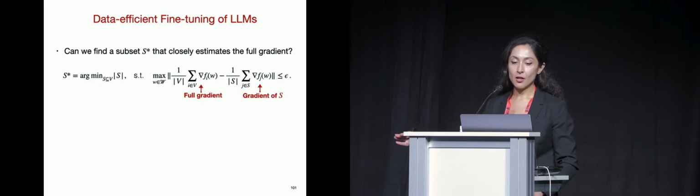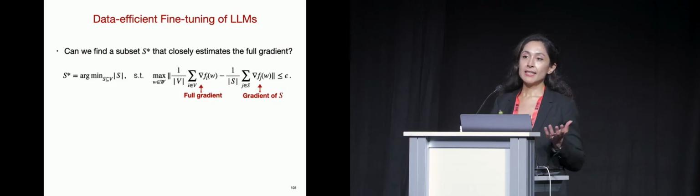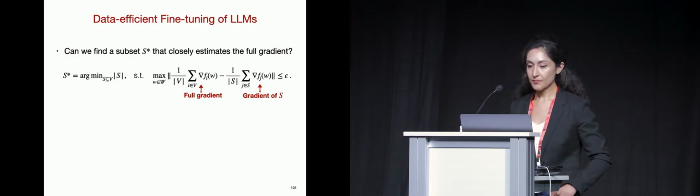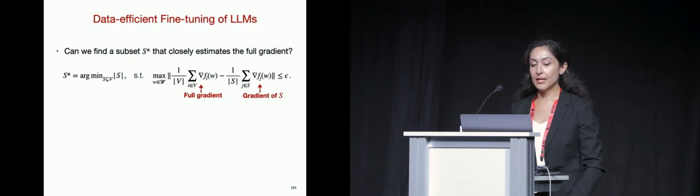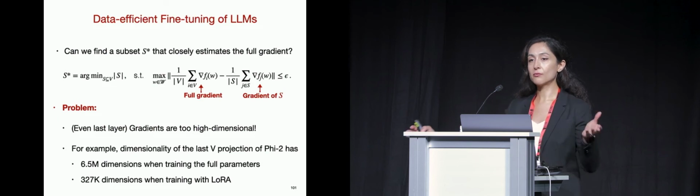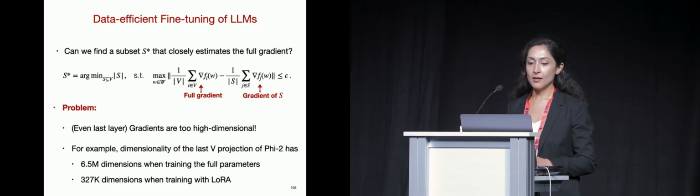We minimize the negative log likelihood, like many other loss functions. The question is, can we find a small subset that closely captures the dynamics of training on the full data, or fine-tuning, in this case, on the full data?